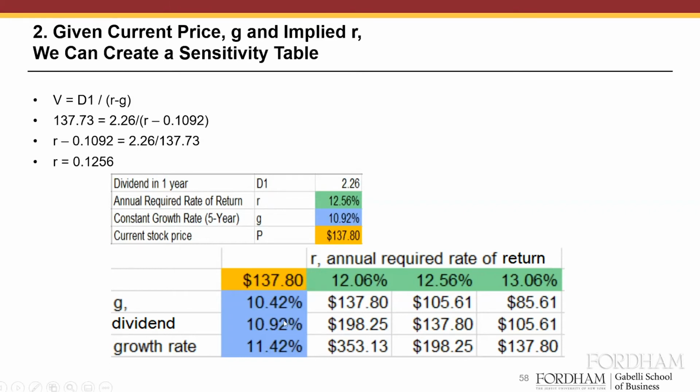When we plug in this number, it gives us the required discount rate as 12.56, which we have calculated here, right? With this, we can very easily create a sensitivity table by minus 0.5%, add 0.5%.